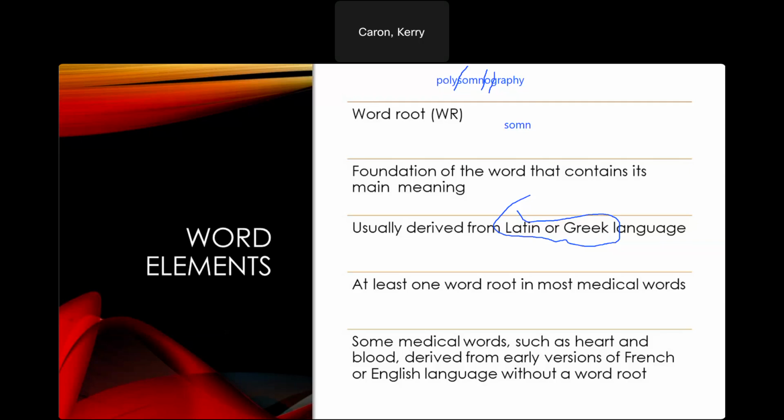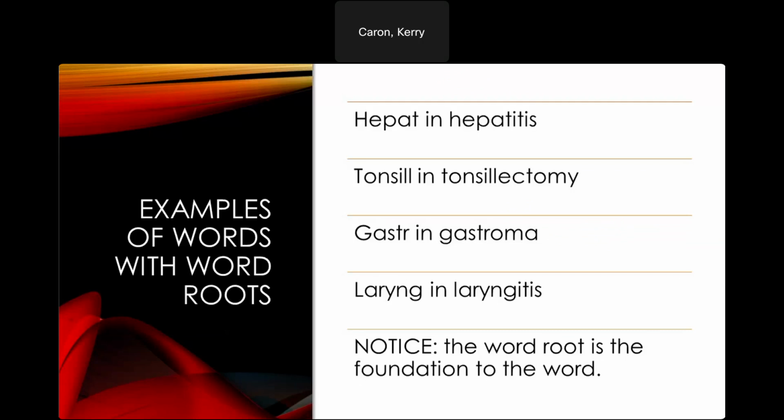Sometimes medical words, for example, heart and blood, may come from English or French, or if you're a native Spanish speaking person, then sometimes you'll recognize some of our word roots. So in this example, somn is the word root, and it's usually derived from Latin or Greek, and it means sleep.